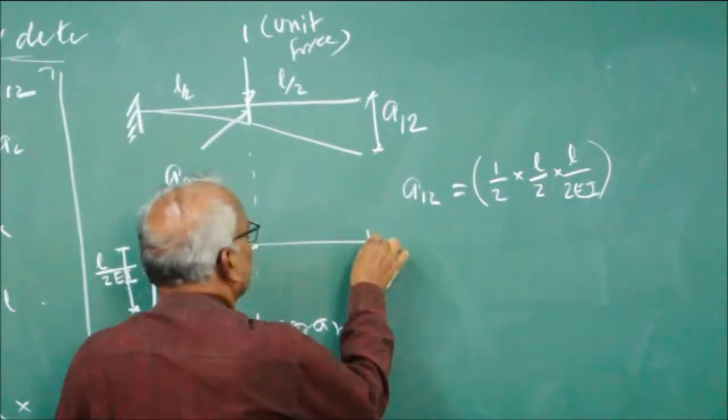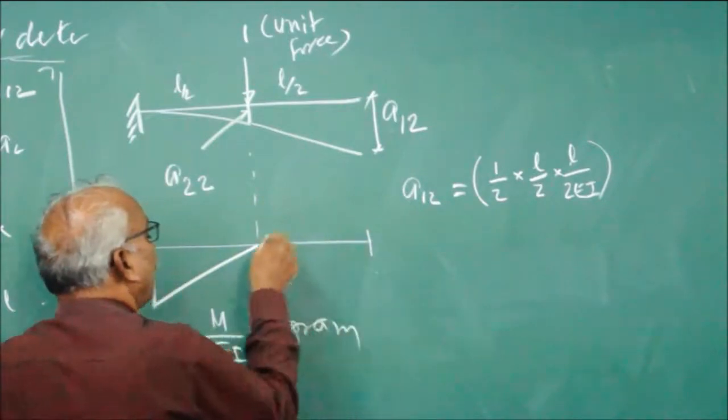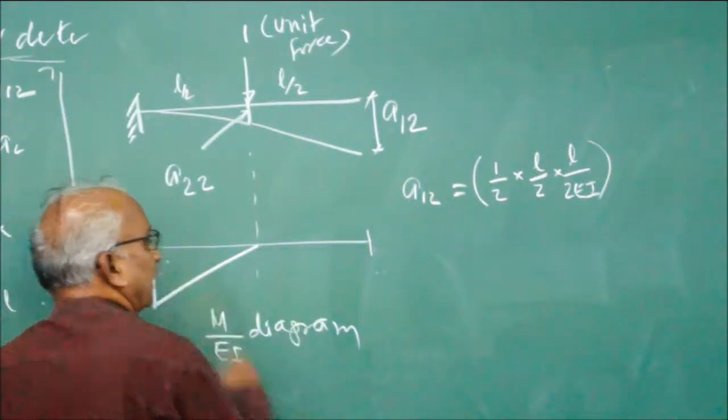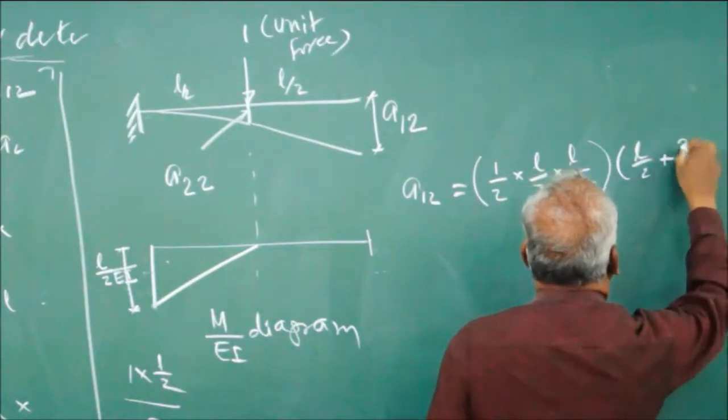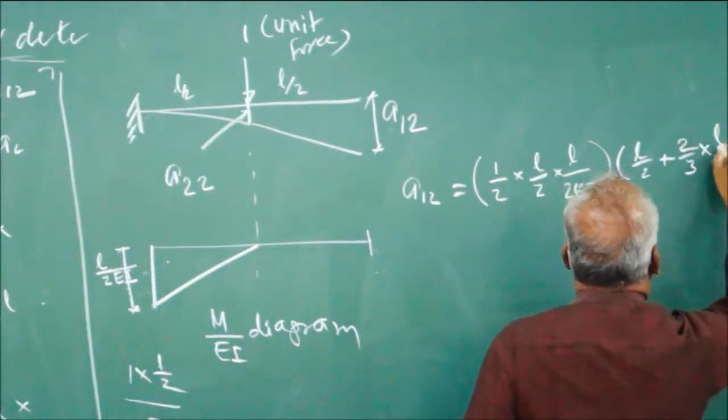Taking moment about this point, the centroid distance is L by 2 plus 2/3 of L by 2.